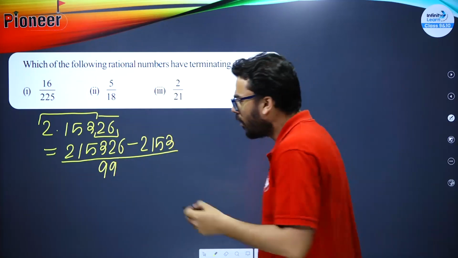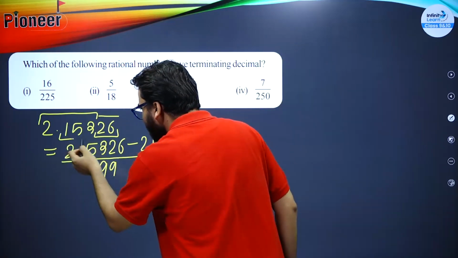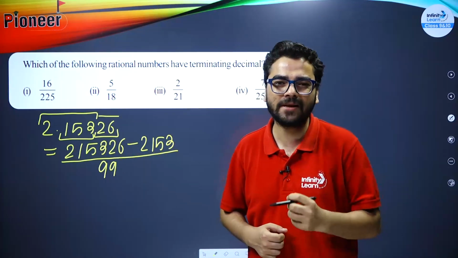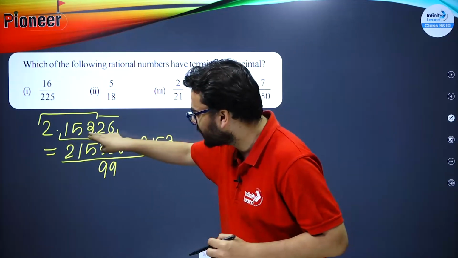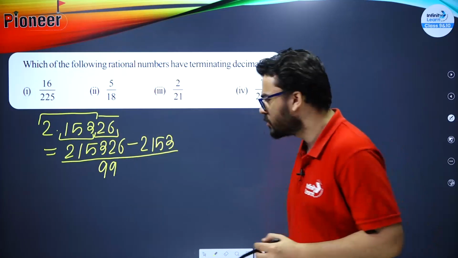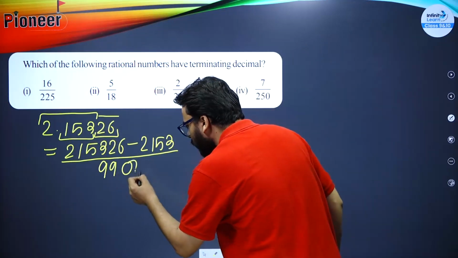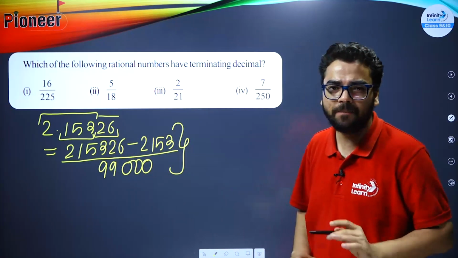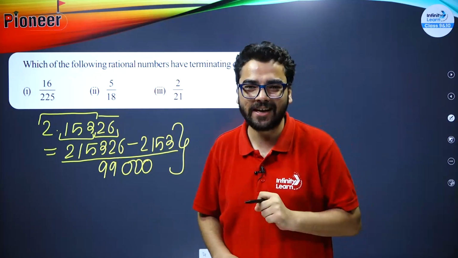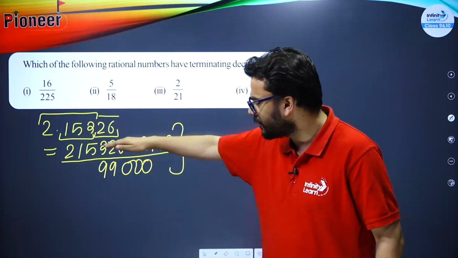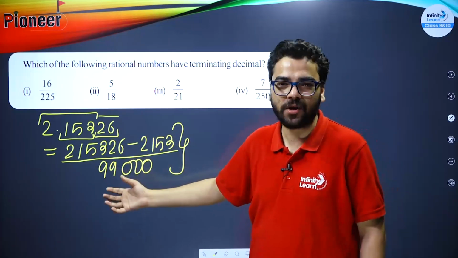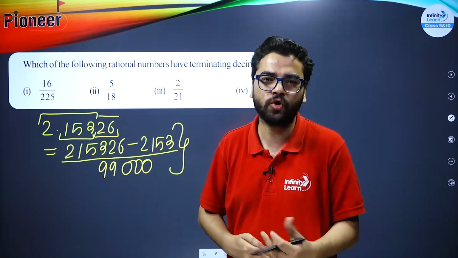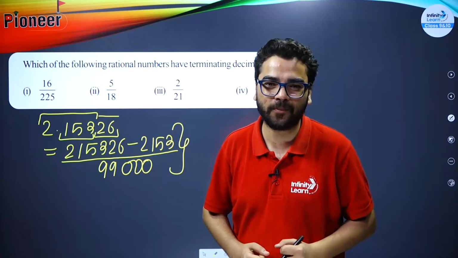Correct? Now on how many digits after the decimal bar is not there? Three such digits are there, 1, 5 and 3, so you will put three 0s over here. Obviously you have to simplify it further so as to get the p by q form. I hope this thing is clear. You will never get such a big question. This is just an example to explain the shortcut method to you.